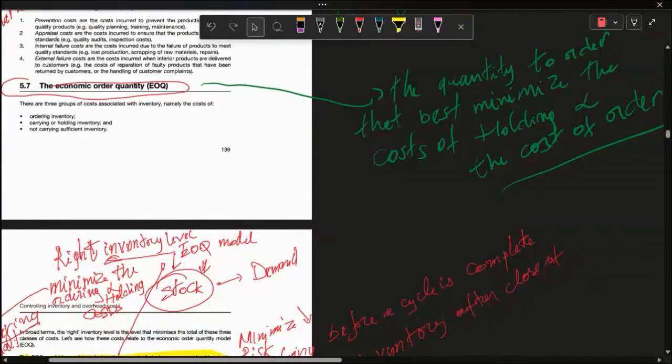It's a very simple principle: there are three groups of costs associated with inventory. When you are ordering inventory, there are ordering costs involved. You can see people have warehouses.